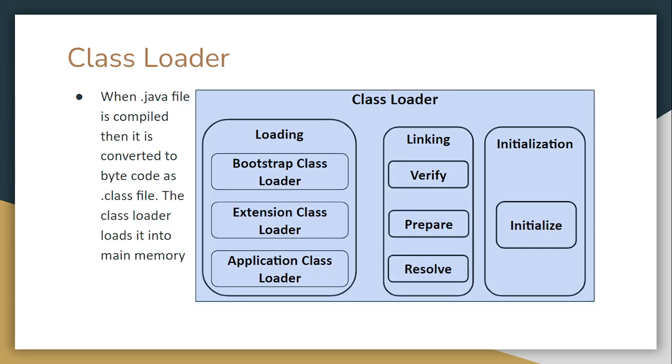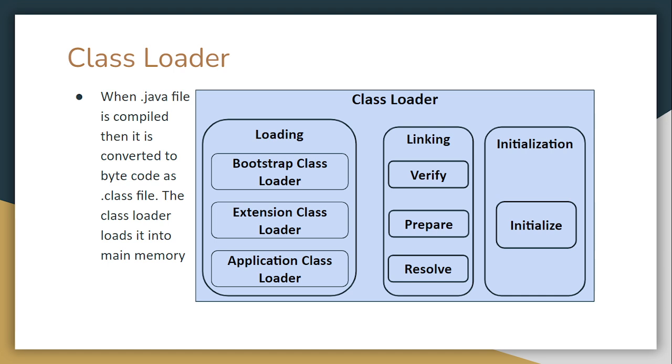So what is class loader? What is the function of class loader? We have a .java file which is compiled and converted into a .class file, which is bytecode. Now what is the purpose of class loader? It loads the class into main memory.